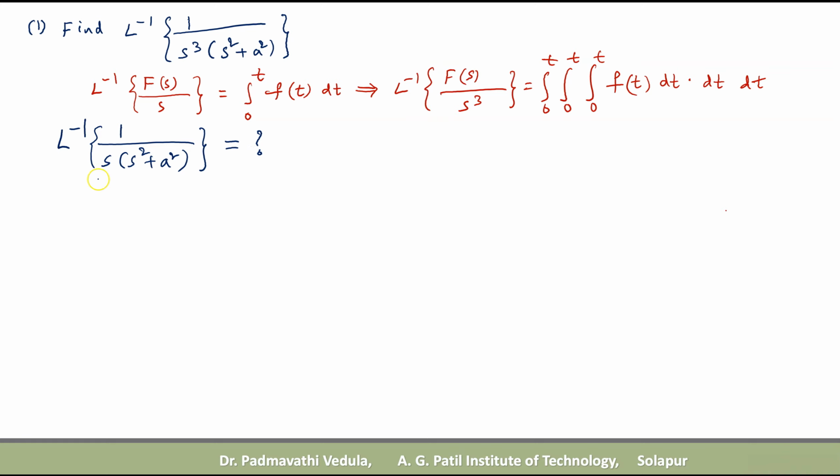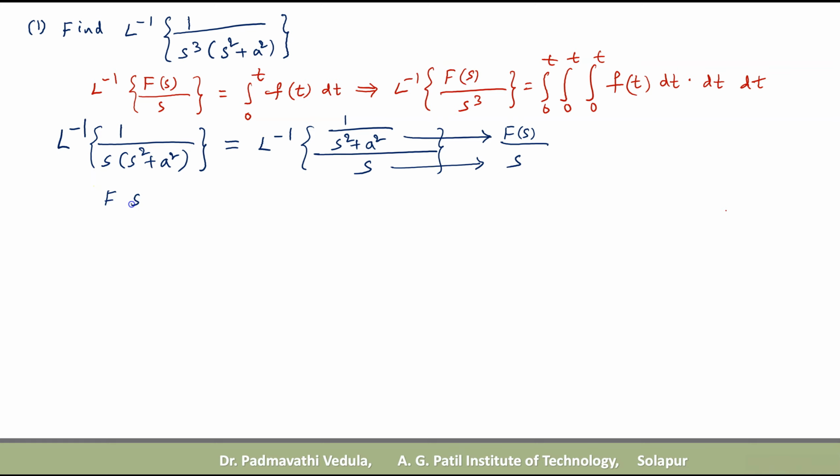Now we can write this as L inverse of 1 by s square plus a square upon s. So this is in the form of f of s by s. So f of s equal to 1 by s square plus a square.